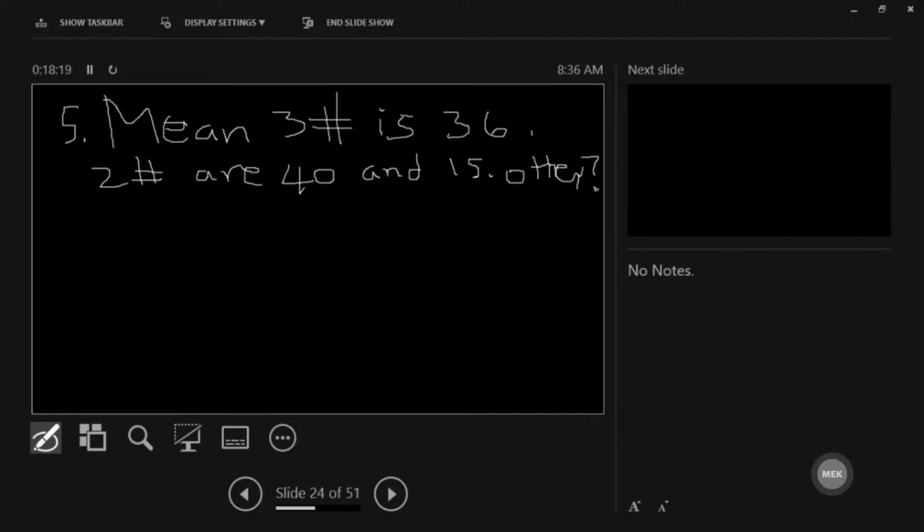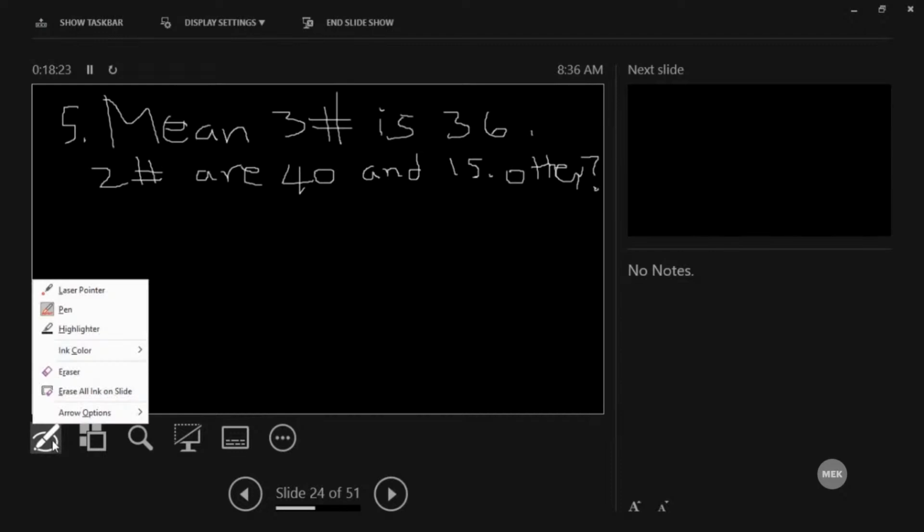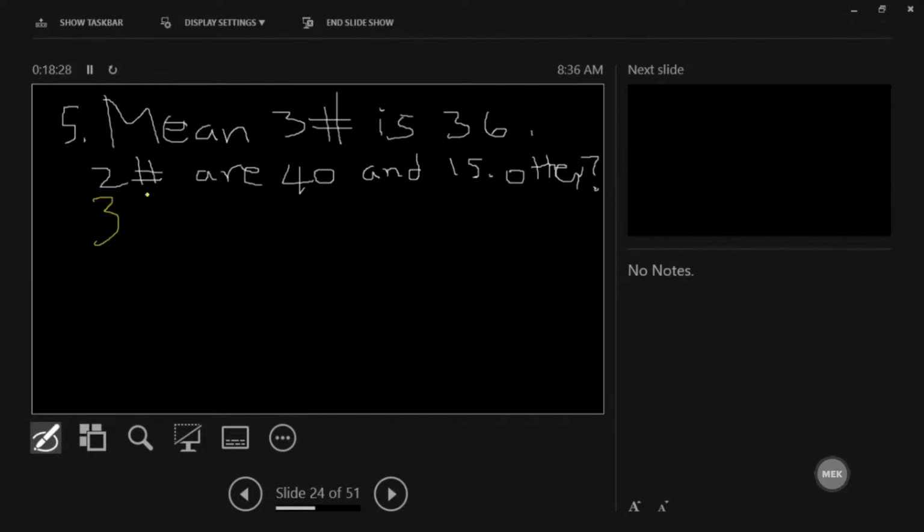So let's do that. So we know the mean is 36 and it's three numbers. All right, so let me use another color. So that's 36 times 3. The mean times the amount of numbers will give us the total, and that is 108. We know two of the numbers are 40 and 15. So if all three of them add up to 108, John is saying he added the 40 and the 15.